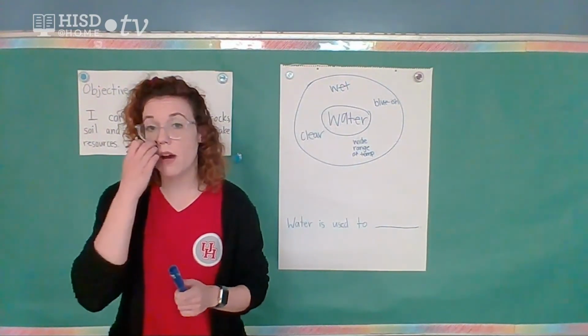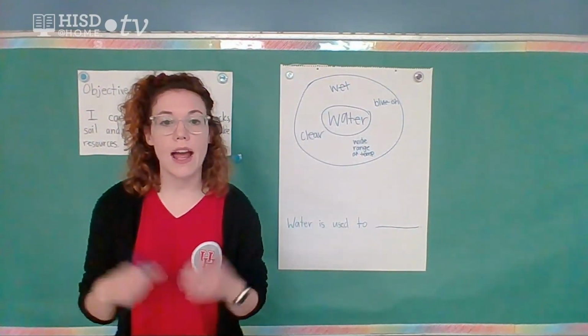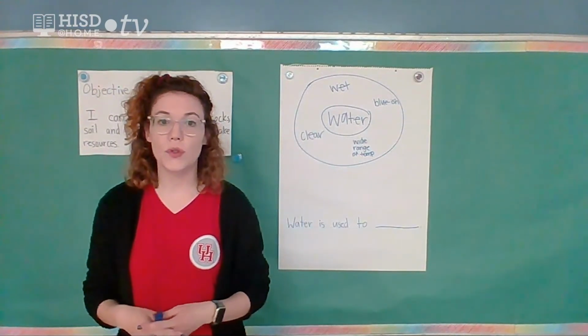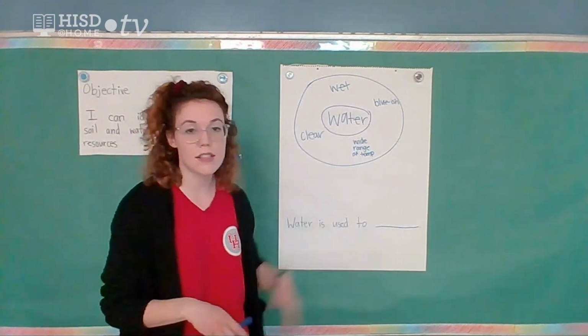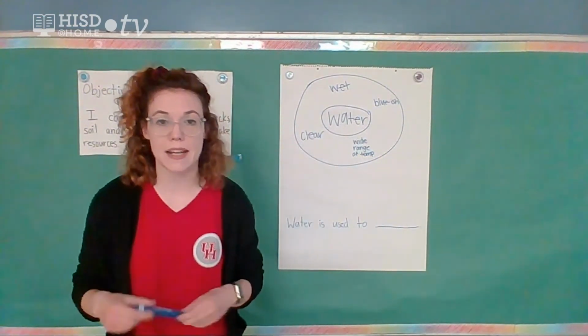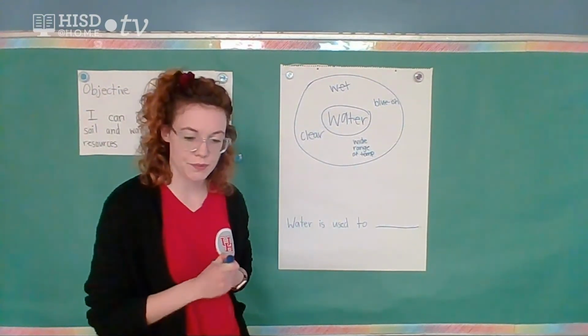So I'm going to have you draw a picture of whatever it is that you use it for and fill in this statement. I'm going to give you about 1 minute to draw a picture.